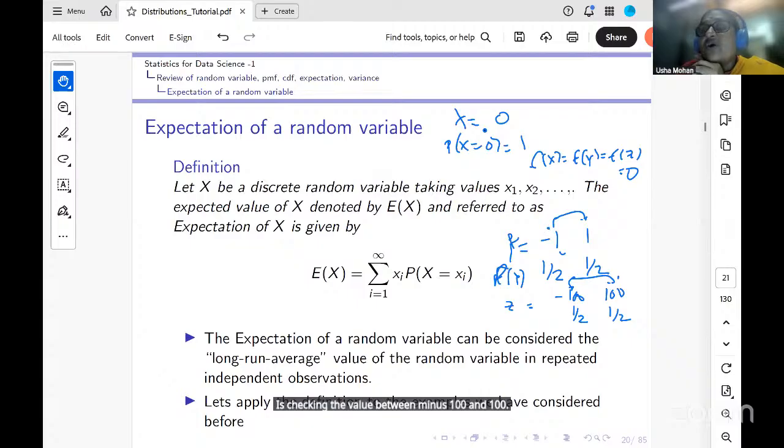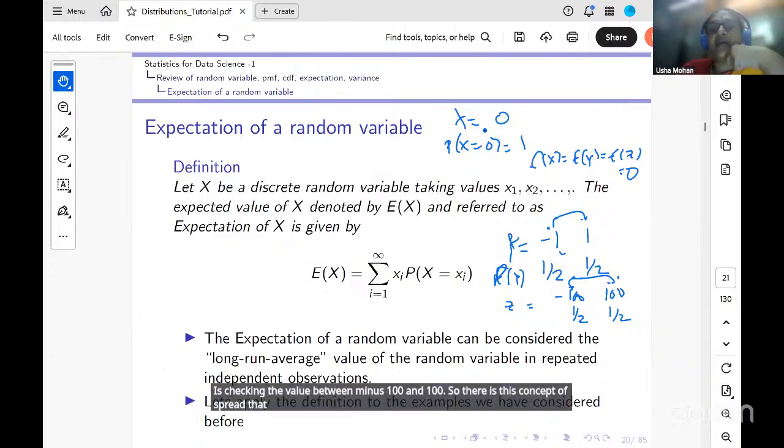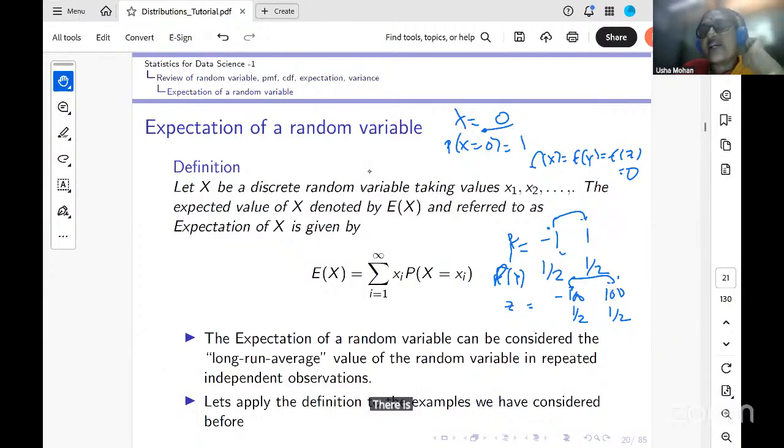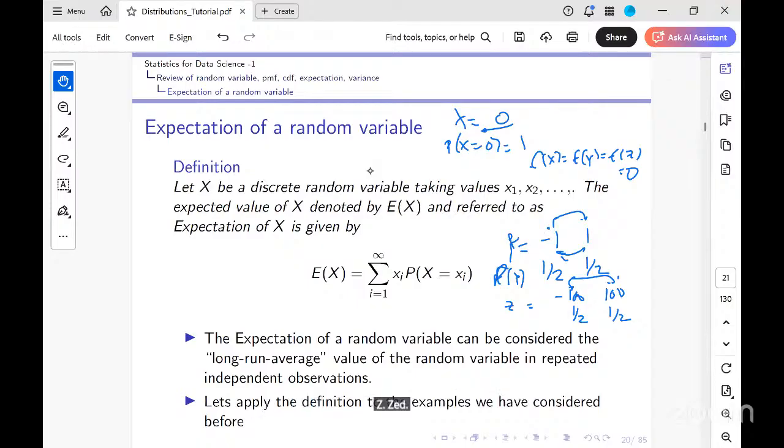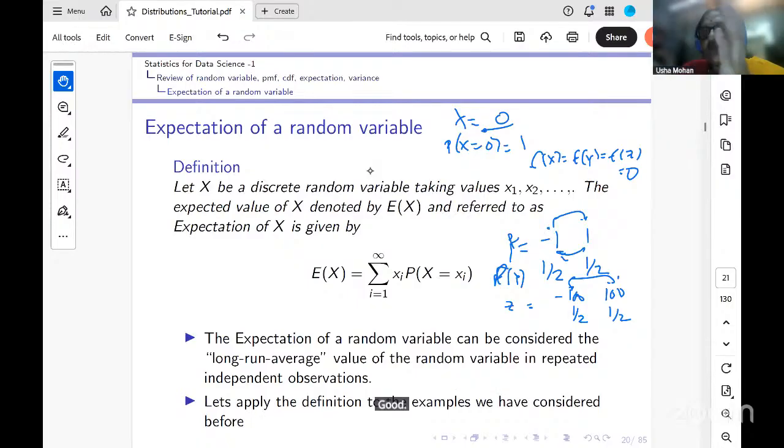So there is this concept of spread. There is no spread in X, since it takes only one value. Which has the highest spread, X, Y or Z? Z has the highest spread. Y has medium and X has no spread.